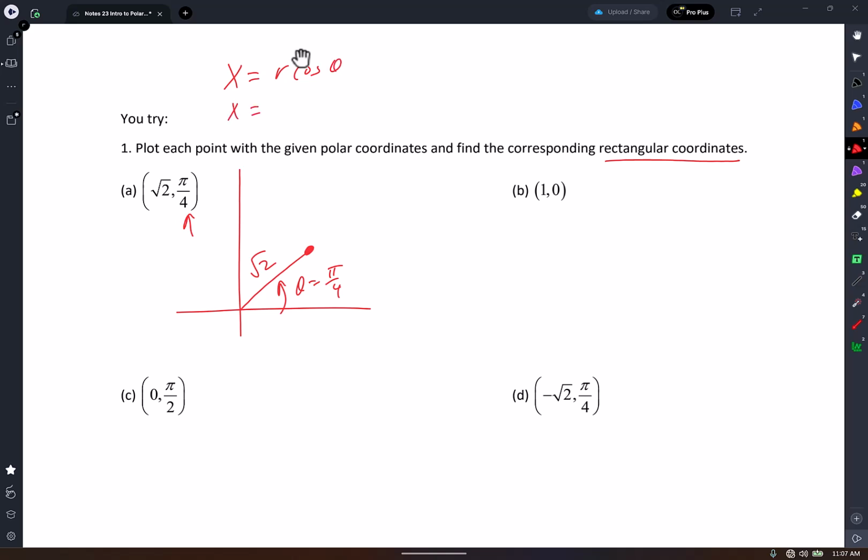So x equals square root of 2 times cosine of pi over 4, which is square root of 2 over 2. See? So you get 1 comma 1. Square root of 2 times square root of 2 is 2, and 2 divided by 2 is 1. So you would do the same thing for the y, and you'd get the same answer, because cosine of pi over 4 and sine of pi over 4 are both square root of 2 over 2.